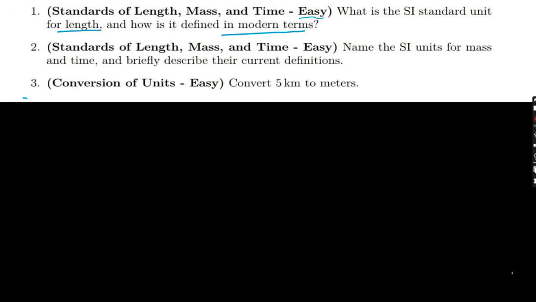The first thing you need to know is that the standard unit for length is actually meters. Now, how is the meter defined in modern terms?